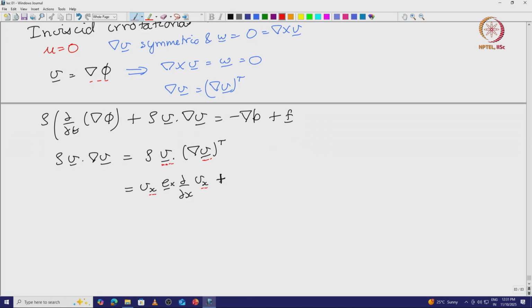And there is a summation, because in the dot product there is a summation over x, y and z: plus Vy Ex partial by partial x of Vy plus Vz Ex partial by partial x of Vz.